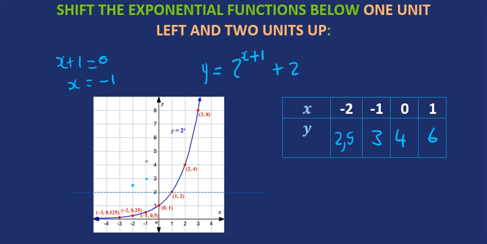And again, it's 0 and 4. 0 and 4 is over here. 1 and 6 is over there. We can then use our points to draw. So we draw a curve through those points to find the shifted exponential graph. Okay, and remember also this exponential graph may not touch the asymptotes.